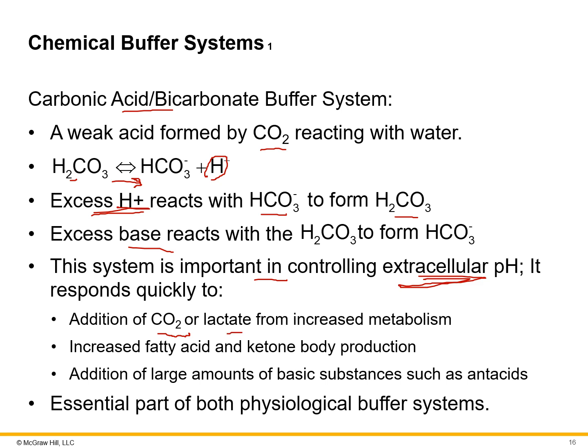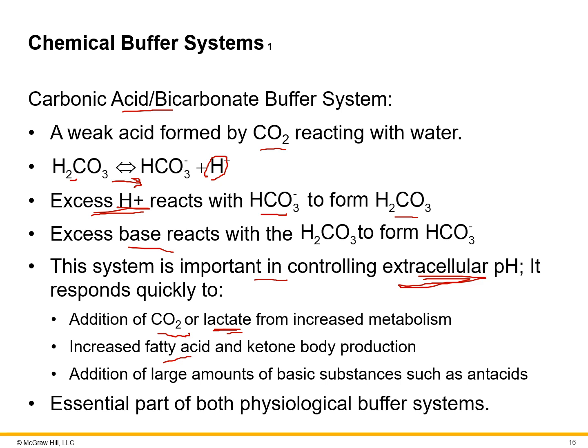Whenever we're exercising and we switch from aerobic to anaerobic respiration, whenever we don't have enough oxygen in our muscles, instead of going through the Krebs cycle and electron transport, now we're doing fermentation, and we get the buildup of lactate, which is an acid, lactic acid. So now that is going to decrease our pH.